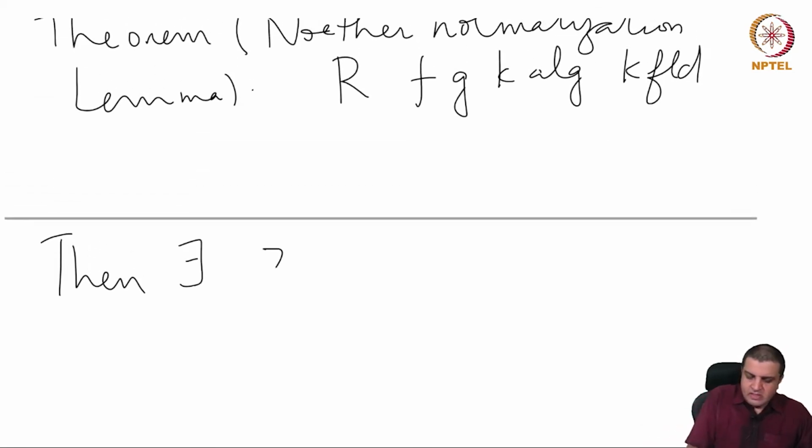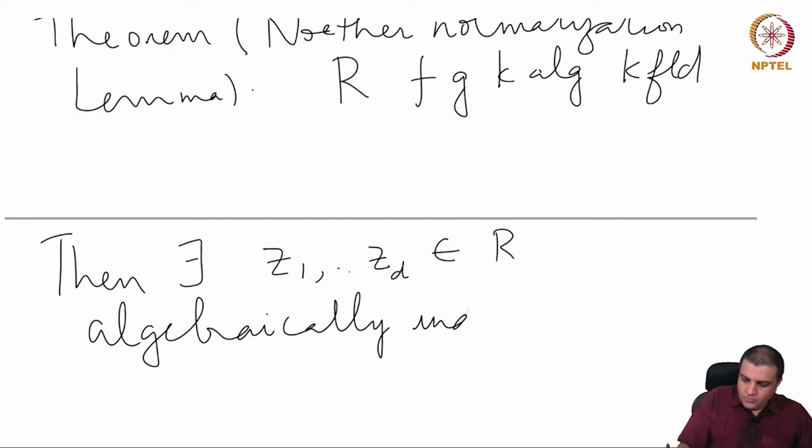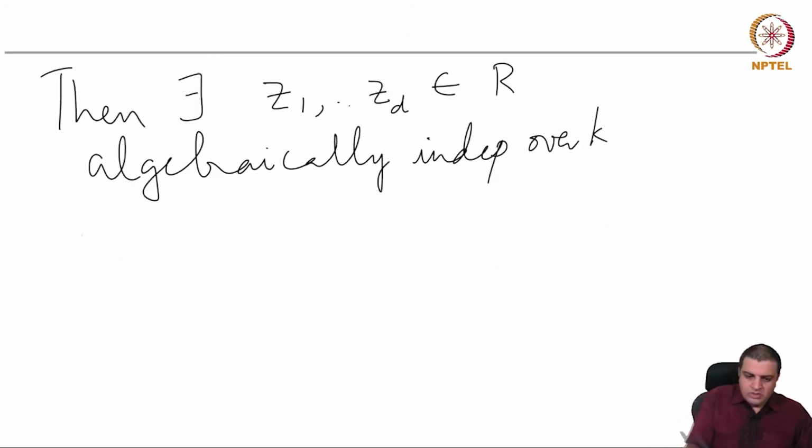there exist finitely many z1 through zd inside R, algebraically independent over K, such that R is a finite algebra.